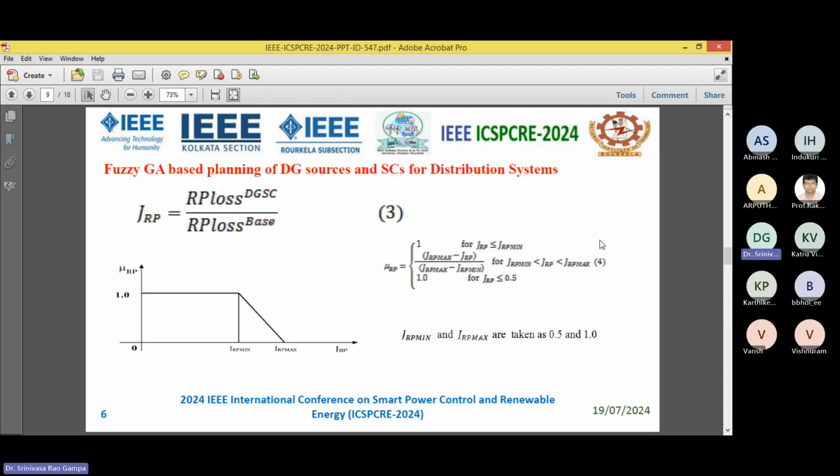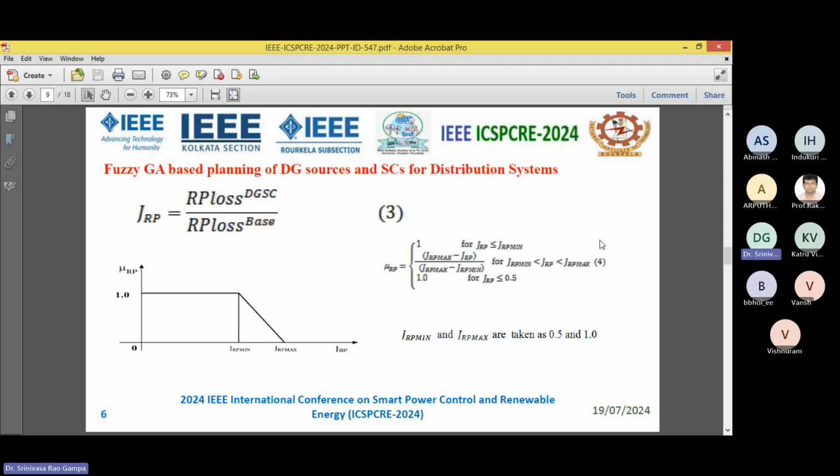So here, after clustering, we have considered 2 parameters. One is the loss objective, another one is the voltage objective. The loss parameter includes RP loss DGSC and RP loss base case. RP loss DGSC is the loss of the distribution system with DGSC, and RP loss base is the loss of the distribution system in the base case.